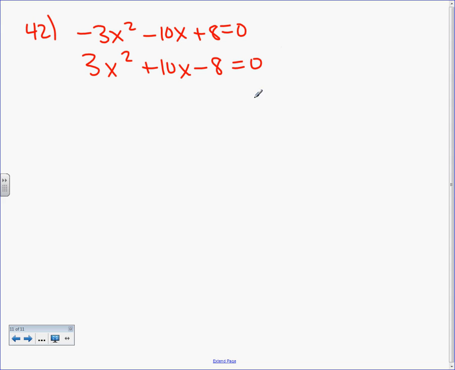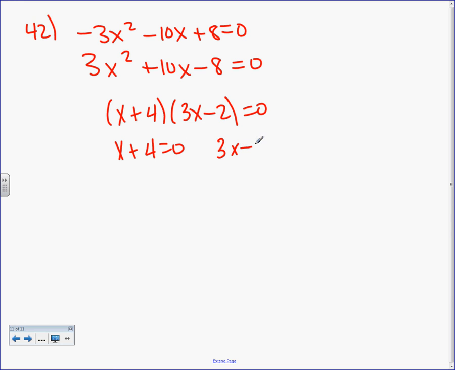I'm going to save you time because you guys know how to factor. We're going to get x plus 4 and 3x minus 2. Jump to that step with me, if you will. Okay? So pull them apart. And what's x in the first equation? Negative 4 and 2/3.